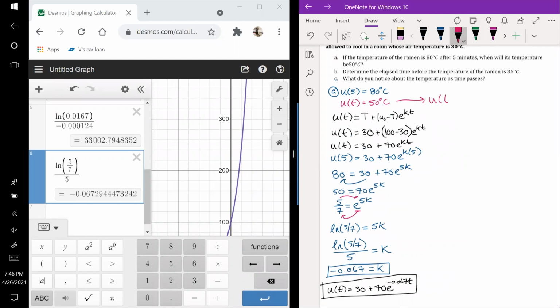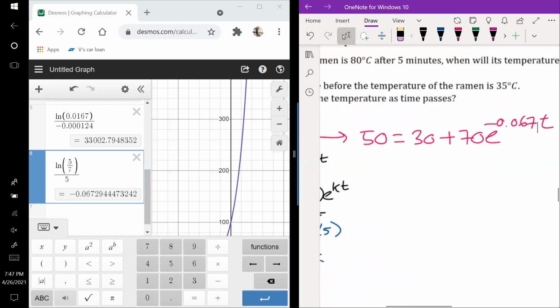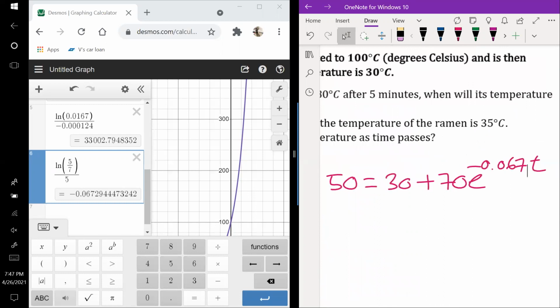Actually, I don't even need to write U of t. We're just going to write 50 is equal to 30 plus 70 e to the negative 0.067 t.